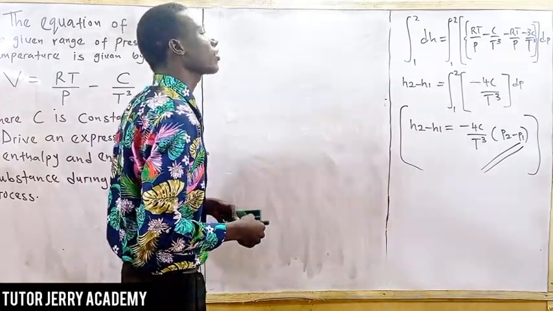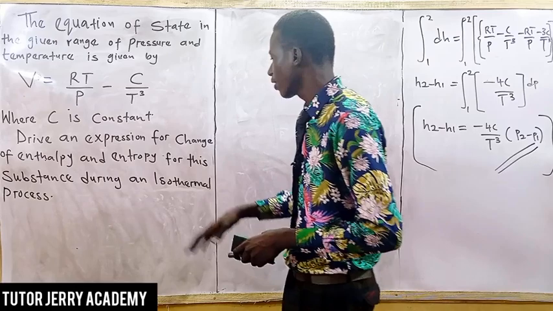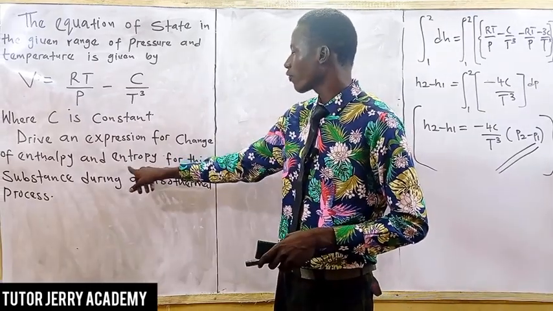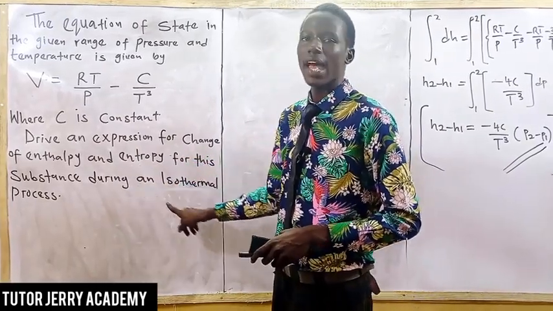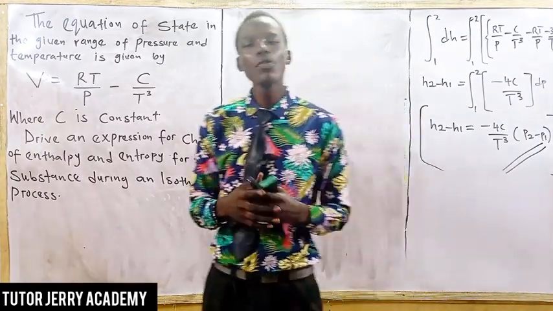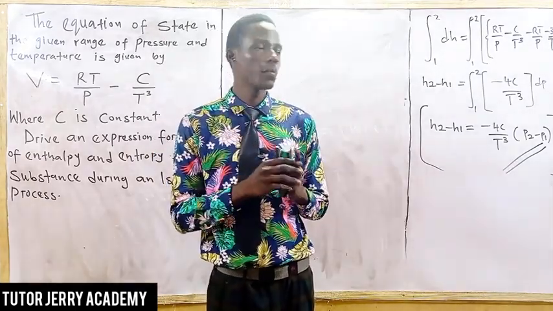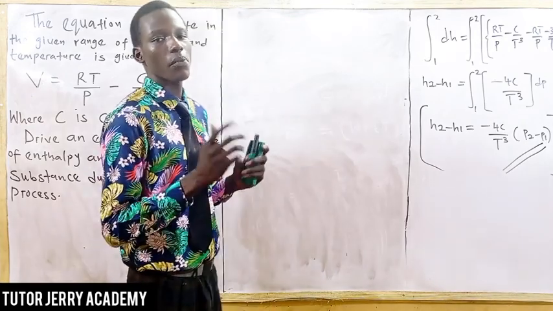In order to derive an expression for the change of entropy during an isothermal process, we are going to use the generalized form for finding entropy, which we proved in our previous video.